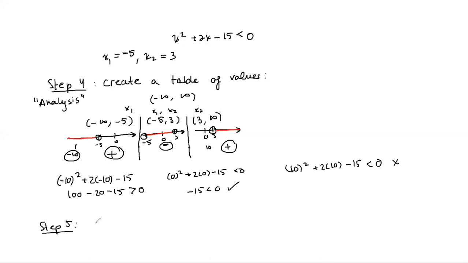It is negative when the values of x are between minus 5 and 3, not included. And that's basically how we can find the values of x for this inequality.